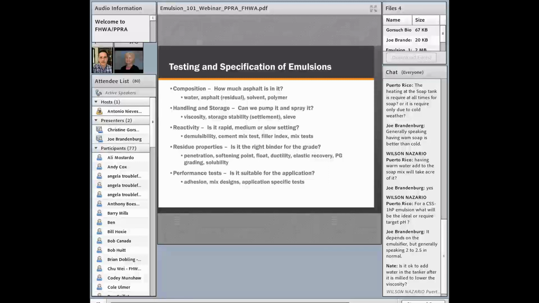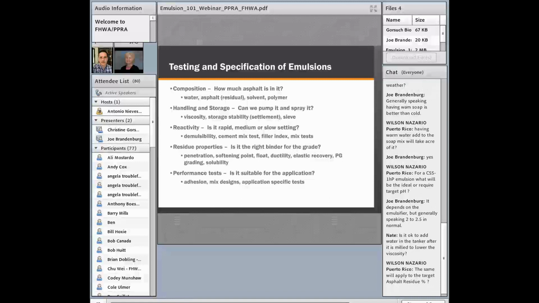And then there are performance tests depending on the application. So, for example, for microsurfacing, there's a mix design with a series of tests. And one of them is the wet track abrasion test. So you make a sample of your microsurfacing seal and you soak it in water and then you abrade it.